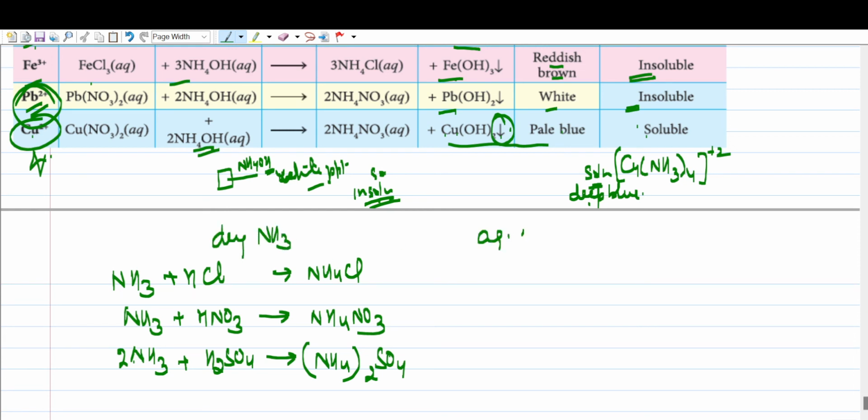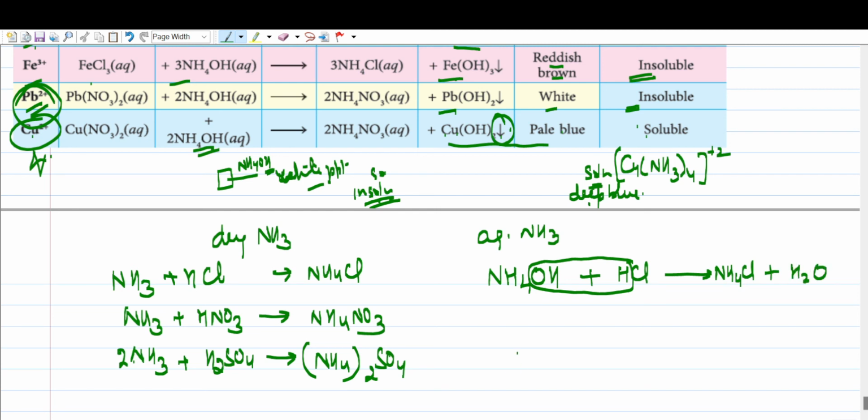When we take aqueous ammonia, that means we are taking ammonium hydroxide. So ammonium hydroxide when it combines with HCl, you get again ammonium chloride, right? But now you get an extra product, that is water.